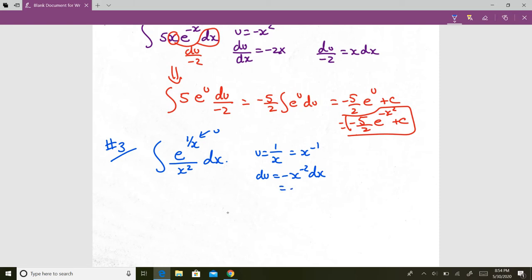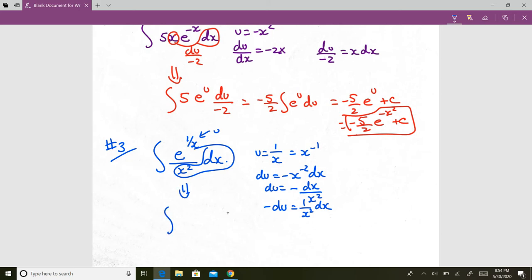which is really just negative dx over x squared. I'm going to move that negative over, so I get negative du is equal to 1 over x squared dx. There's my negative du.